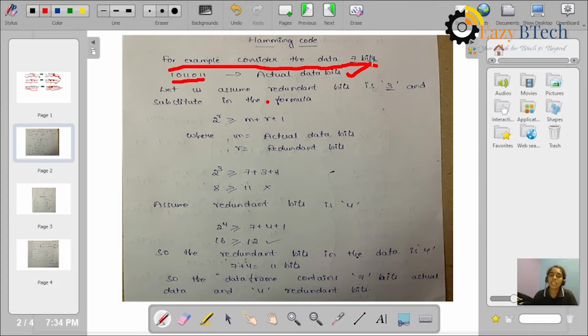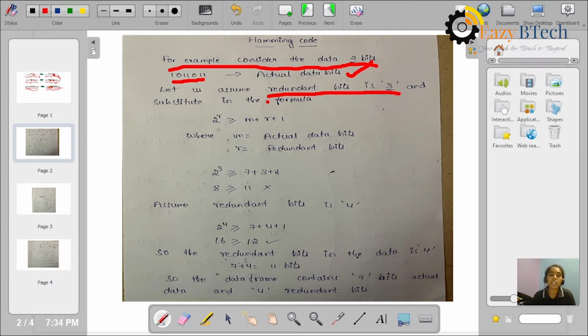Let us assume the redundant bits. We have to identify how many redundant bits are added to the original data. Let us assume the redundant bits is 3.